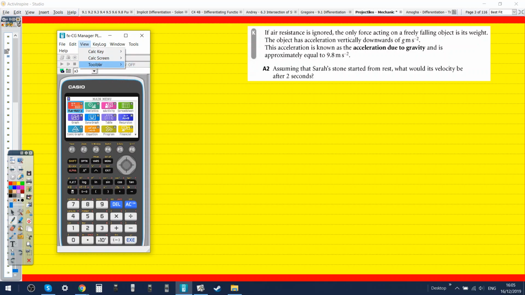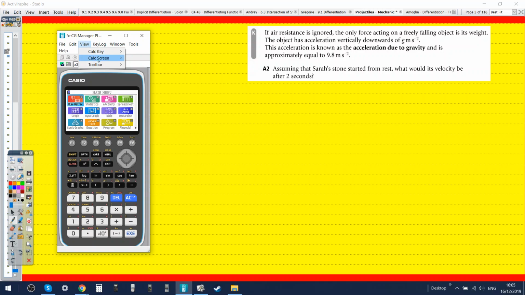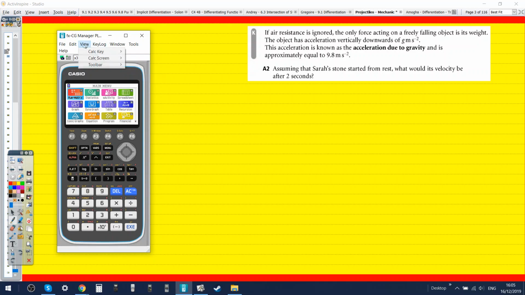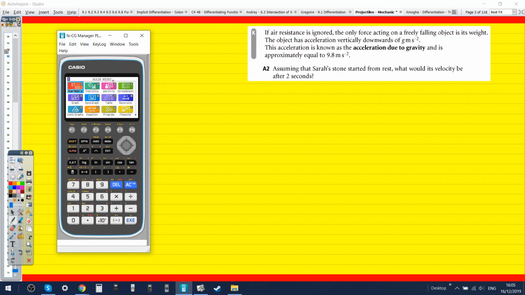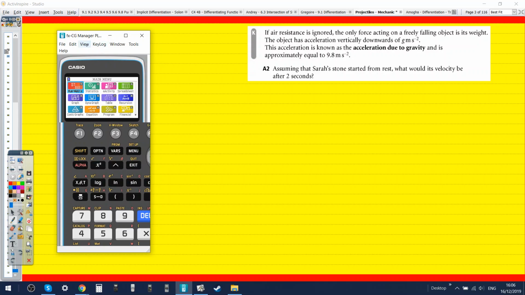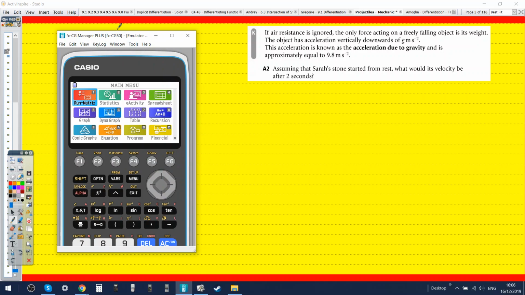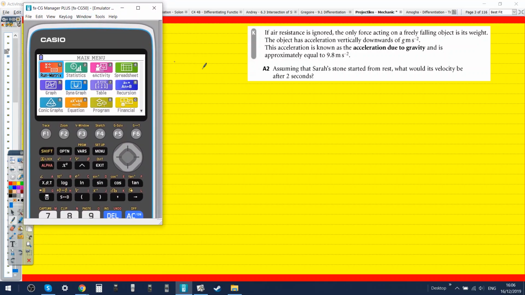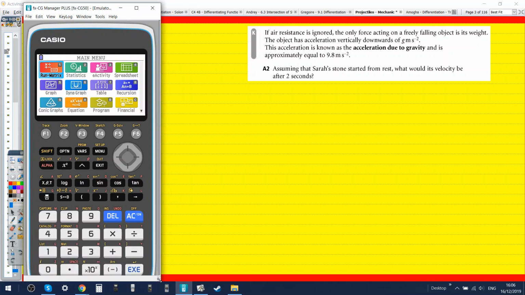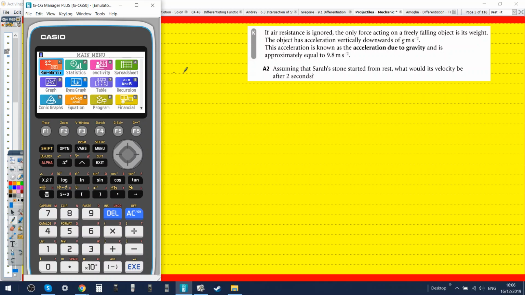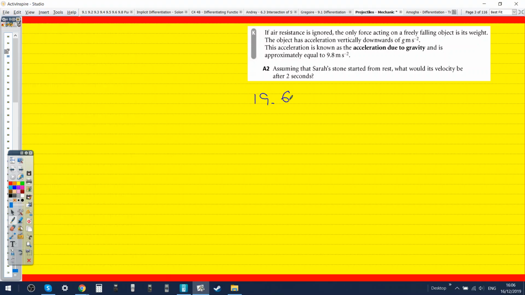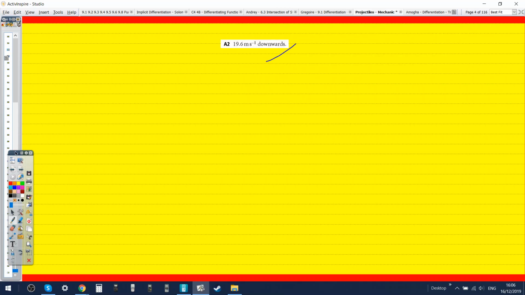Yeah, just v equals u plus at. So is that just 9.8 times 2? Yep. So that's 18. Oh wait, that's 19.6 meters per second. Yep. Downwards.